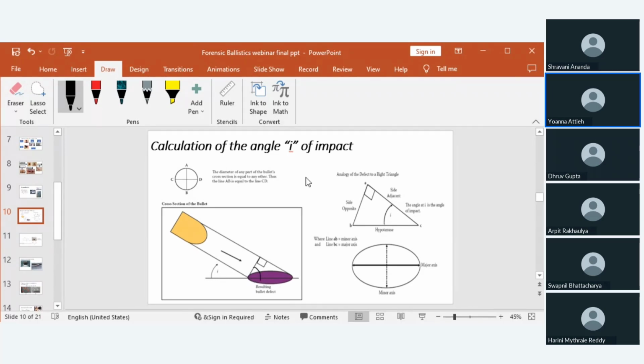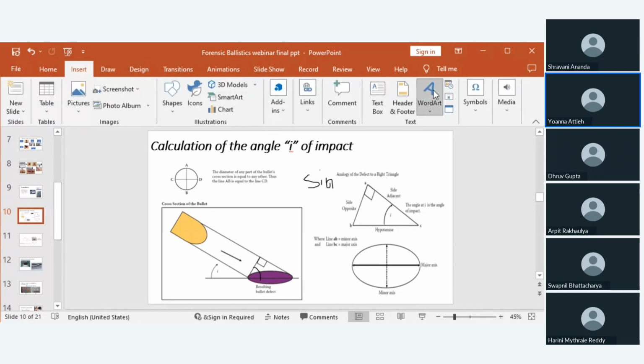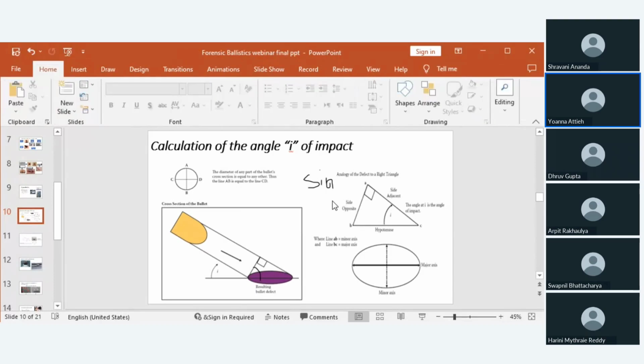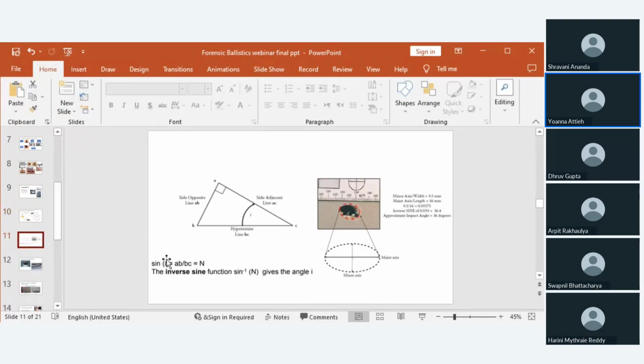There is a formula that says that sine I is the minor over the major. So when we calculate sine I, look here, sine I is AB over BC.